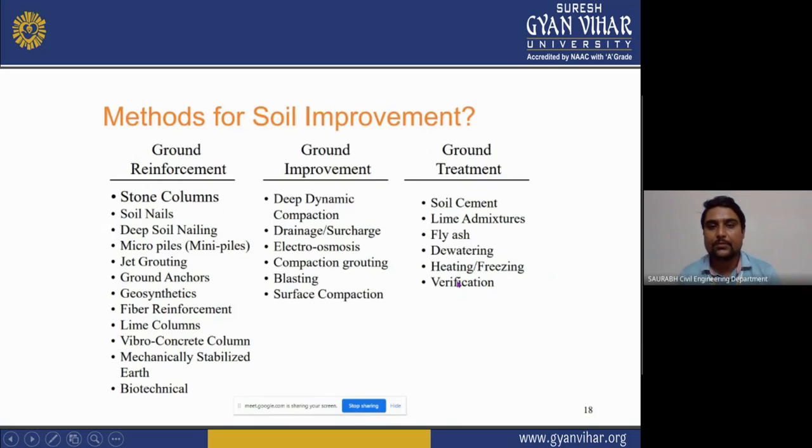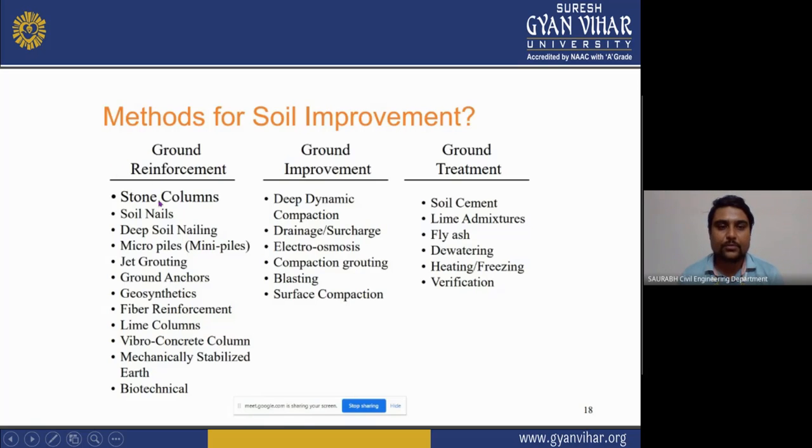What is the method of improvement of soil? Here you can see that ground reinforcement, ground improvement and ground treatment are these three methods that may be used for ground improvement or soil improvement.